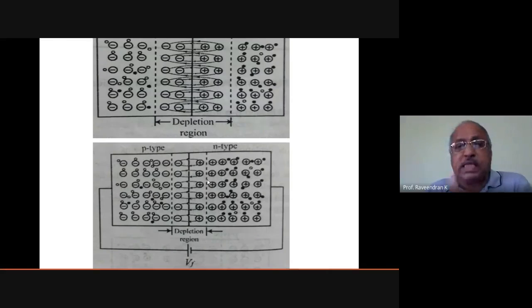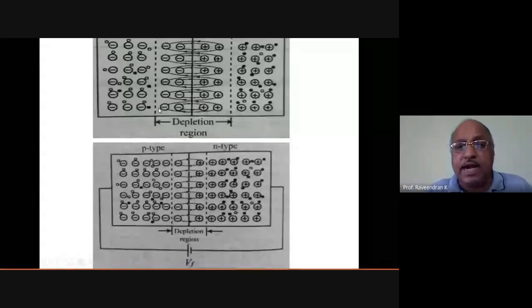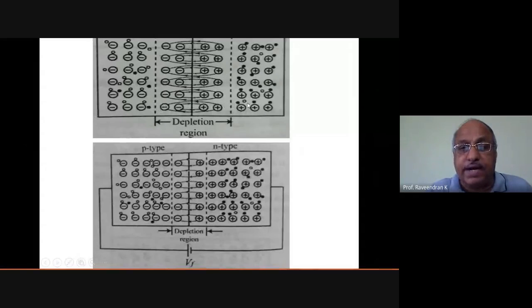When no voltage is applied, the depletion region is very wide. But when the voltage is applied, some of the holes gain more energy, cross this junction and recombine with the electrons in the n-type material, and some of the electrons here also recombine with the holes, so that electron hole recombination takes place, and that actually makes the depletion region reduced.